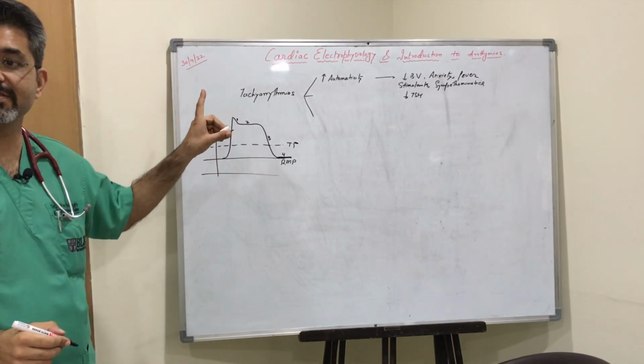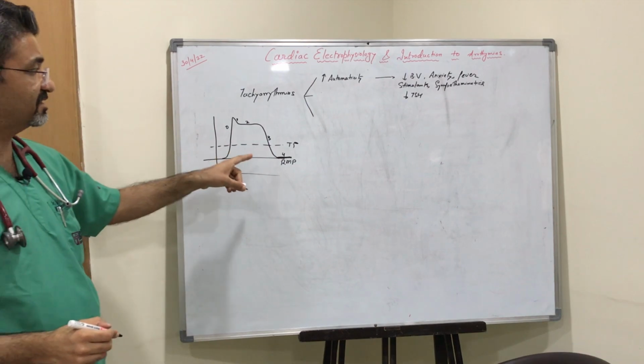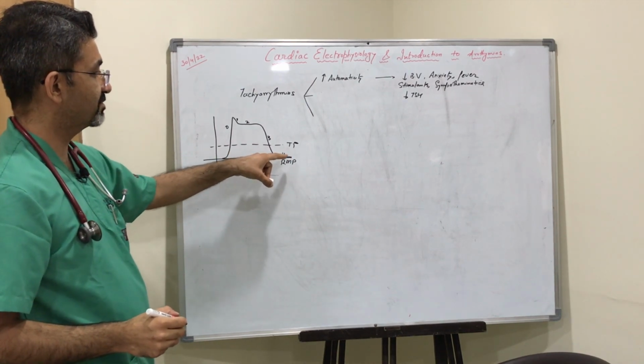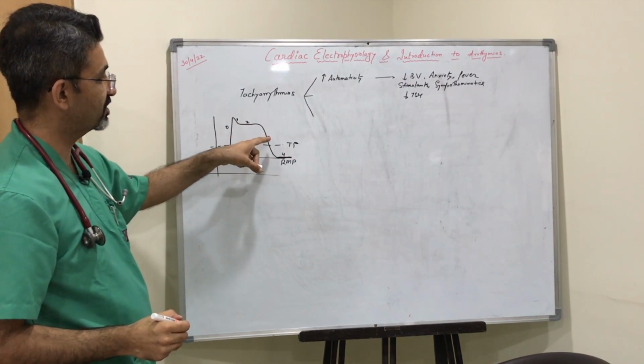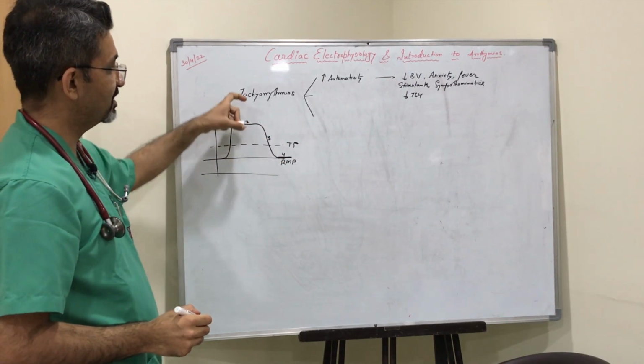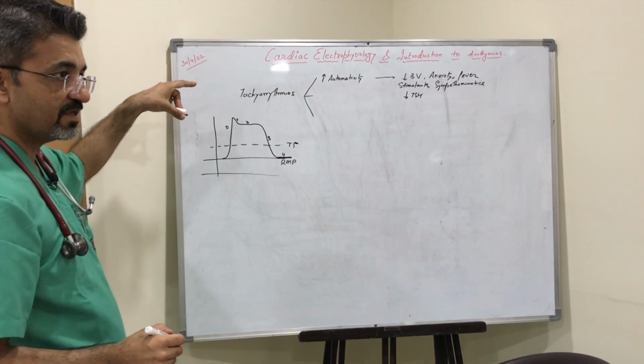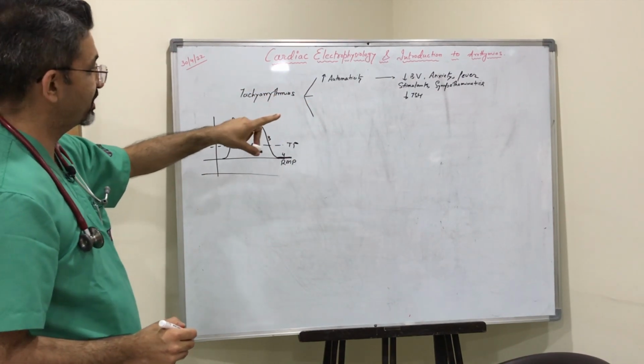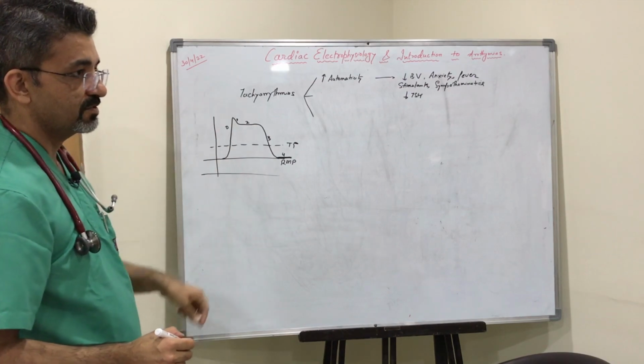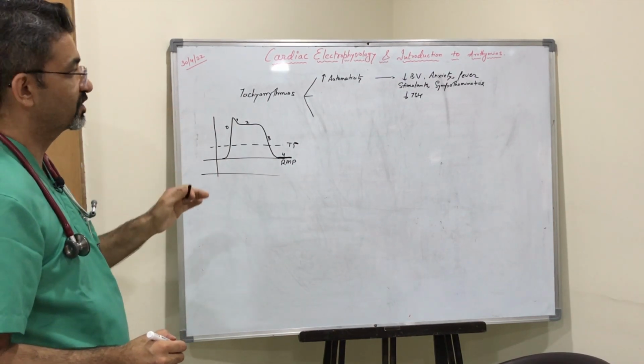This is for a contractile cell. This is not for a nodal cell. For a contractile cell, 4 is the resting membrane potential, 3 is the downslope where potassium is going out, 2 is where calcium is coming in, potassium is going out, 1 is where sodium channels stopped abruptly and potassium started outpouring, and 0 is voltage gated sodium channels.